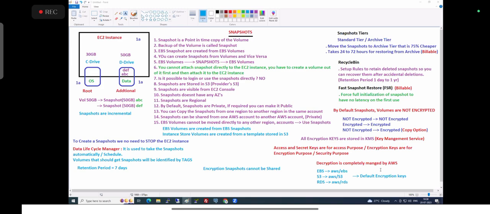No topic should be missed. That's the reason why I went very, very deep inside it. Otherwise, I could have just said snapshot is a backup of the volume, that's it. So just imagine how deep we are going. My humble request is wait a little bit more days. We finish this EC2 and we do the lab. When I start the lab, I'm telling you.